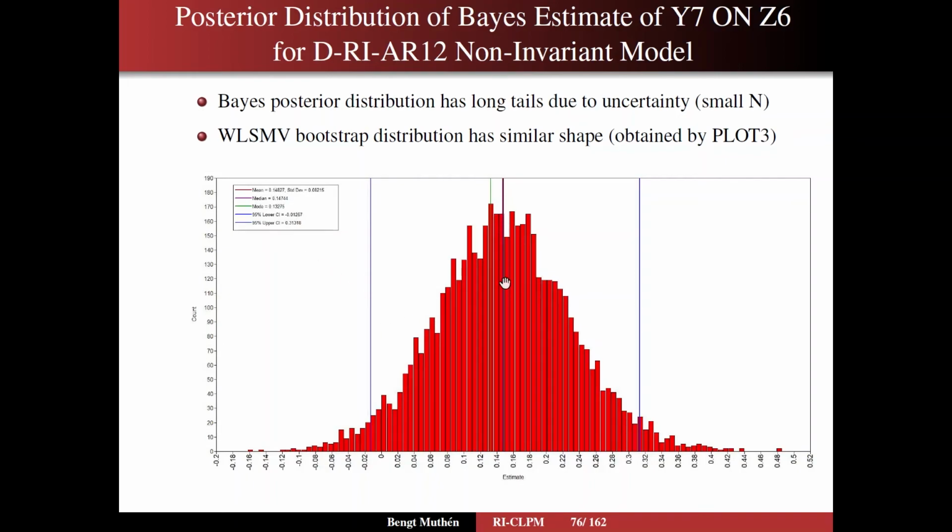The midpoint estimate is around 0.16, 0.15 maybe, and it goes up to 0.32. But given such long tails, the lower limit of the confidence interval goes down into a negative value. So this would be deemed insignificant.